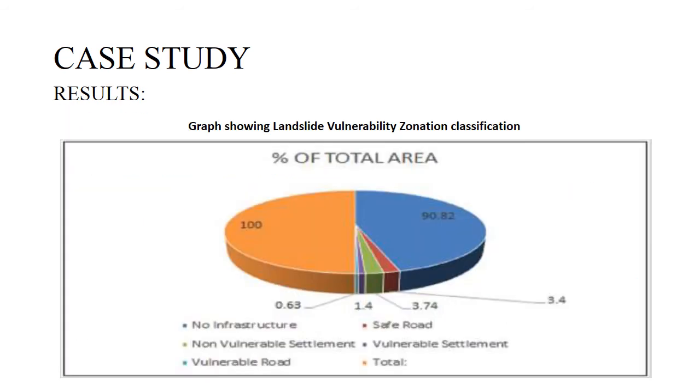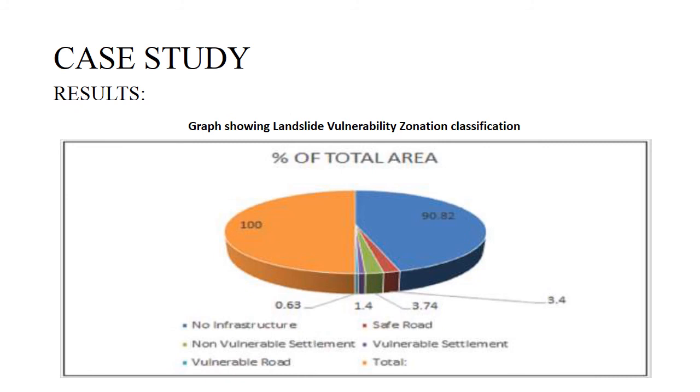Here you can see that of the total area, which is 100%, around 90.82% has no infrastructure, and then you have around 3.4% safe roads, and vulnerable roads are around 0.63%. These roads are vulnerable to landslide, so they can be closed during the rainy season.